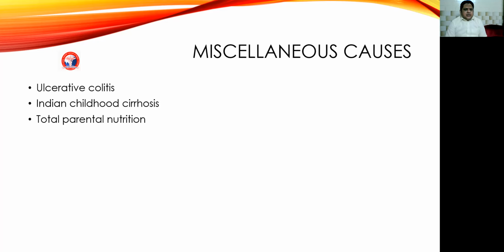One is ulcerative colitis, Indian childhood cirrhosis, and last one is total parenteral nutrition. That is patients who have been admitted in the hospital for a very long time, who are not able to take food by mouth, an oral diet. So they are on total parenteral nutrition for a very long time.